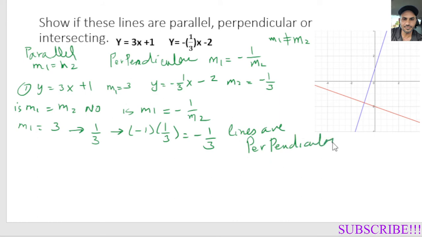Okay. Now, how do we solve for that point where they're intersecting? For that, we set our y1 equal to y2, and we solve for the x value. So we have two lines, so we set y1, which is 3x plus 1, equal to negative 1/3 x minus 2.